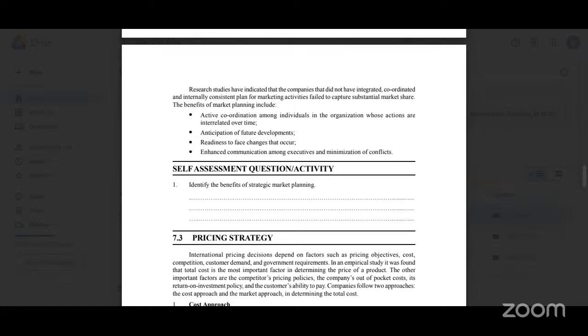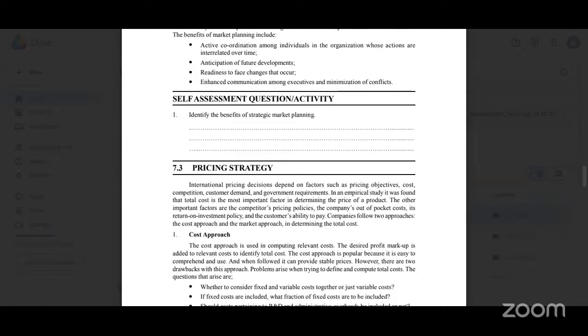First and foremost, there is an active coordination among individuals in the organization whose actions are interrelated over time. Second, there is an anticipation of future development. There is also a readiness to face changes that occur. And the fourth benefit is enhanced communication among executives and a minimization of conflicts that may arise.